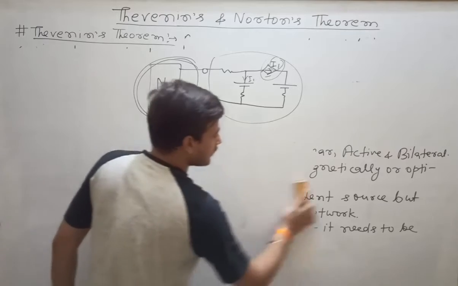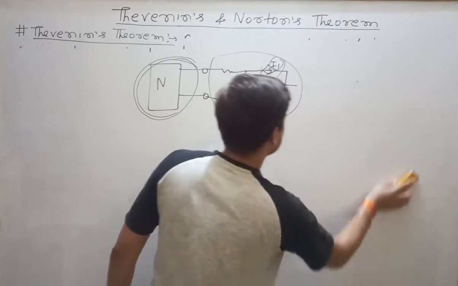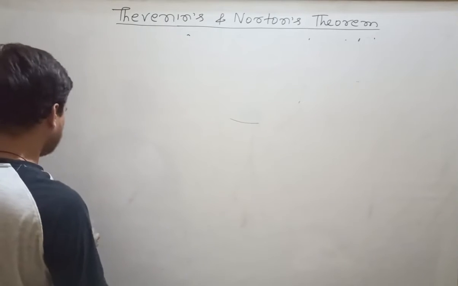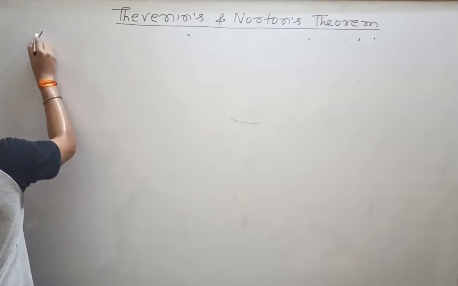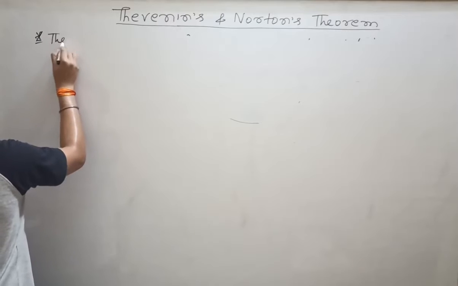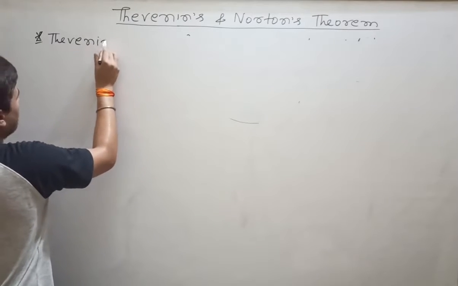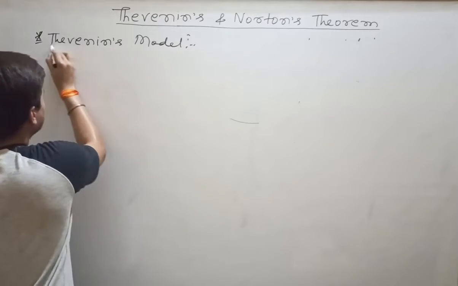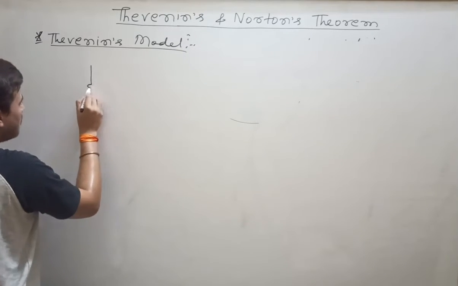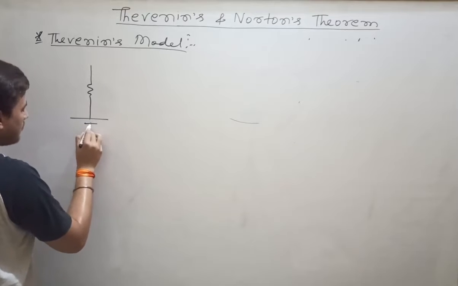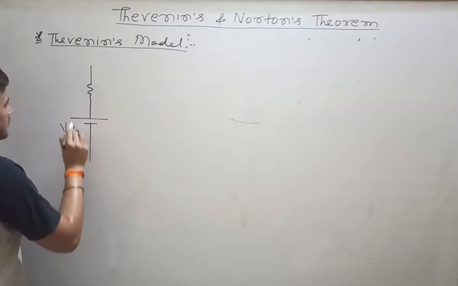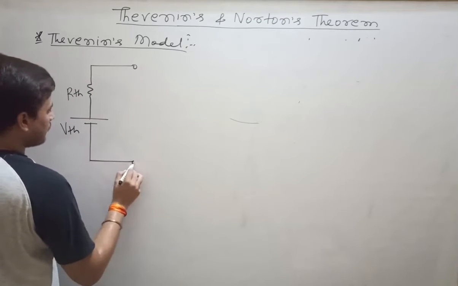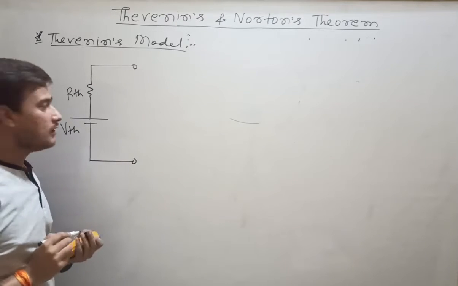The Thevenin's model is like this one. This is VTH, this is RTH, this is the open circuited load terminal.